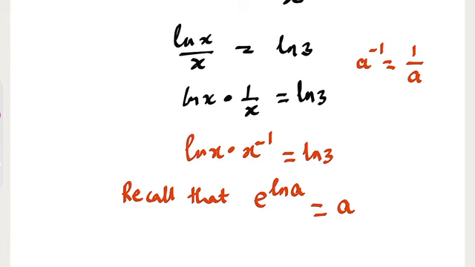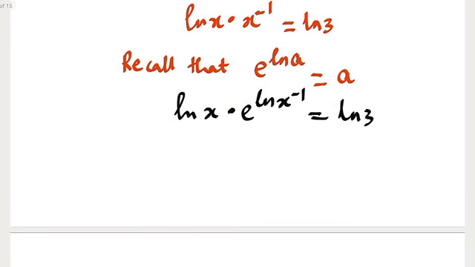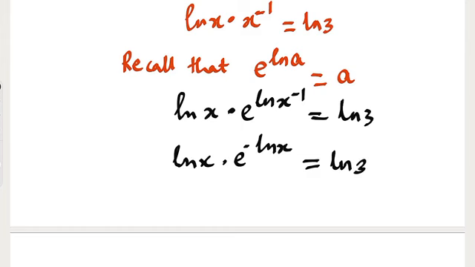That's going to be ln of x multiplied by e to the power of ln of x minus 1, which equals ln of 3. So moving on, we're going to have ln of x multiplied by e to the power of minus 1 ln of x, then equals ln of 3.